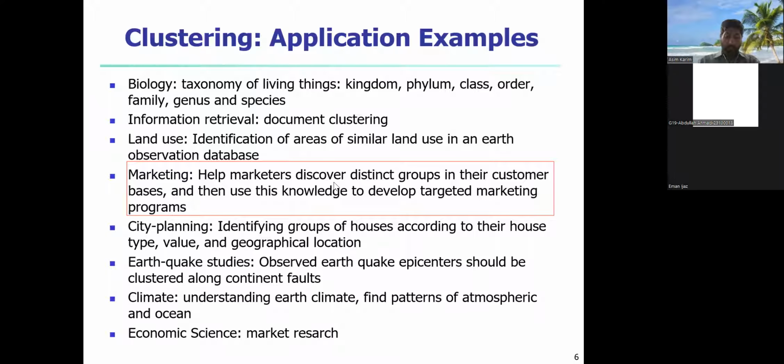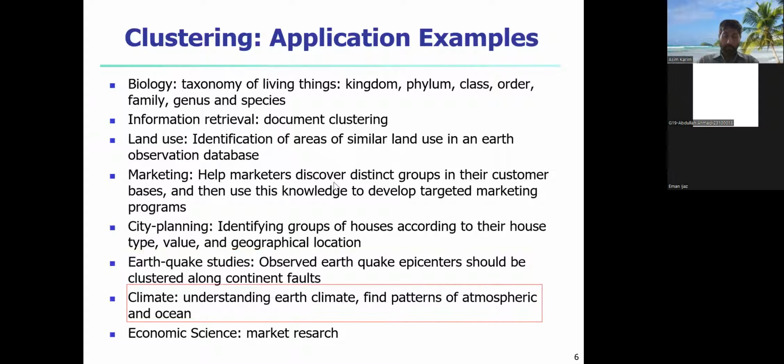So again, all of these are applications of clustering. You can even do clustering of, for example, astronomical objects, and based on that clustering, you can maybe find interesting groups of astronomical objects. So again, as I said, it has applications from all domains.